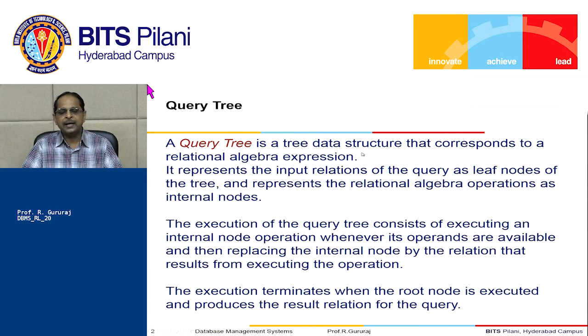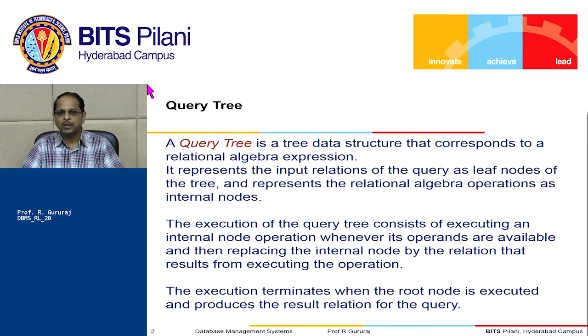A query tree is a tree data structure that corresponds to a relational algebraic expression. That means every relational algebraic expression can be represented as a query tree. A tree contains a root, internal nodes, and leaf nodes. The tree represents the input relations of the query as leaf nodes.